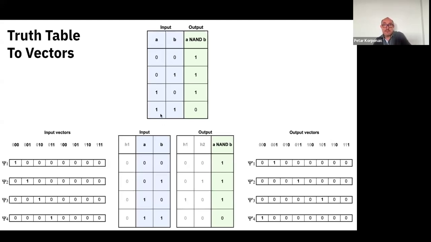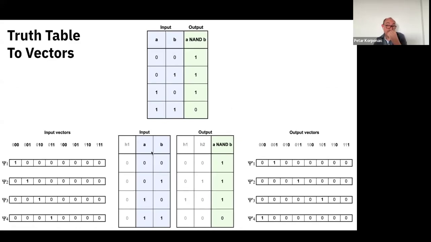When we have two 1s at input, we will get 0 at output, and in all other cases, whatever is input, we will have 1 as output. This is a NAND gate. And how do we do that? We split that into input, and we encode input in one set of vectors and output into another set of vectors. Let's see.